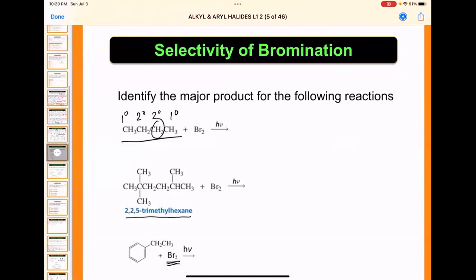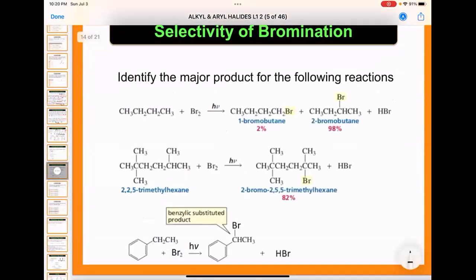Samira, can you hear my voice? Have you understood why, if there are 1 degree carbon and 2 degree carbon both present simultaneously, the bromination is going to take place on the secondary carbon? Nabil Khan, can you hear me? So this is the major product.